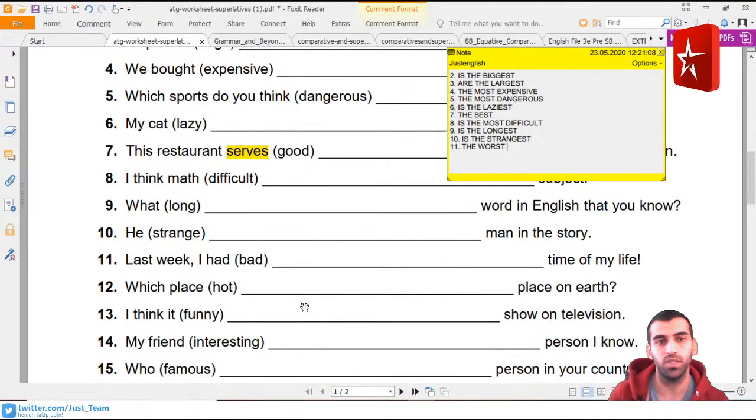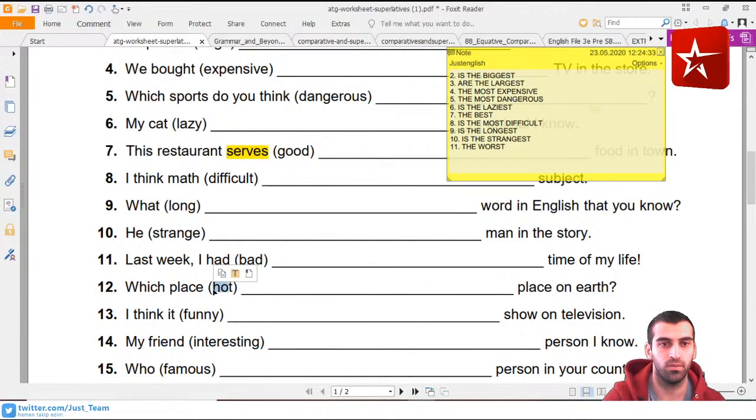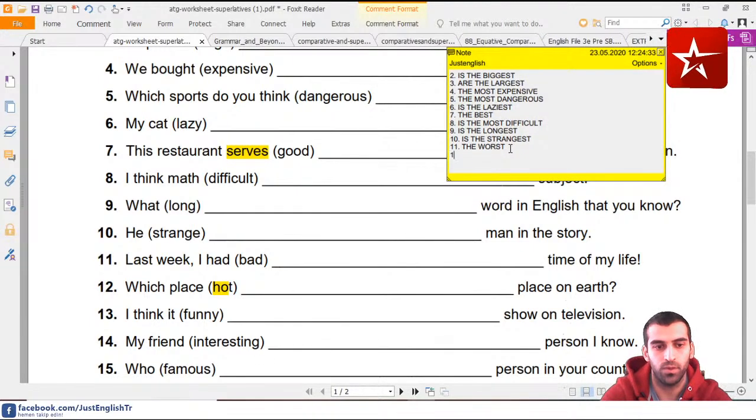Yes. Number 12, which place? Which place, and we have adjective hot, and it is one syllable adjective, and we have to add est to the end of the adjective, and we have to write double T. Yes, because it ends with a consonant letter.